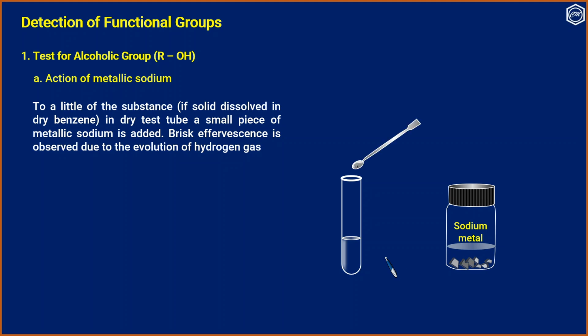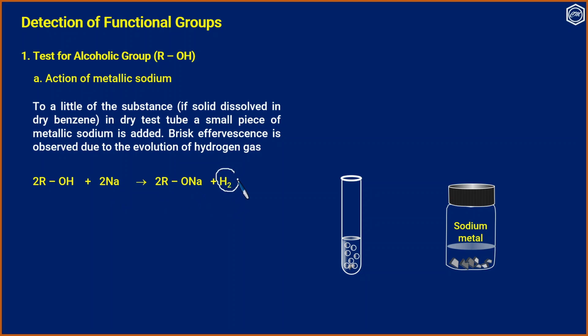So we take a small piece of the sodium metal and drop it into the solution. And we will observe the formation of bubbles. These bubbles are due to the liberation of hydrogen gas. So the alcohol reacts with the metallic sodium, and we get RONa plus hydrogen gas.